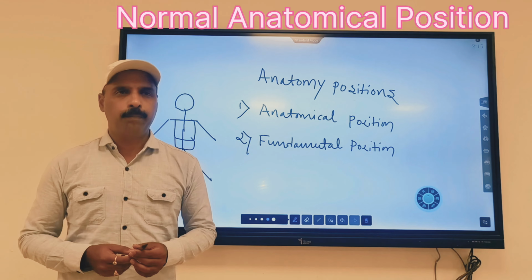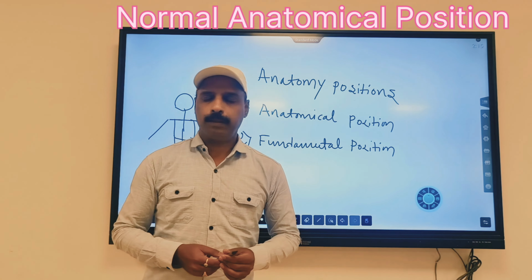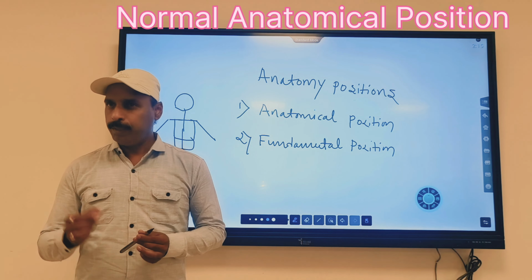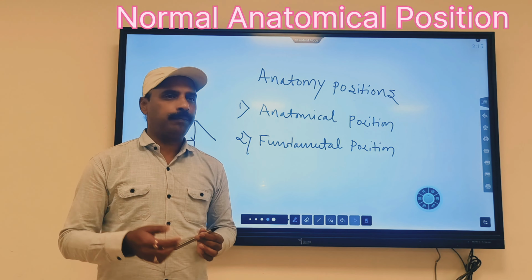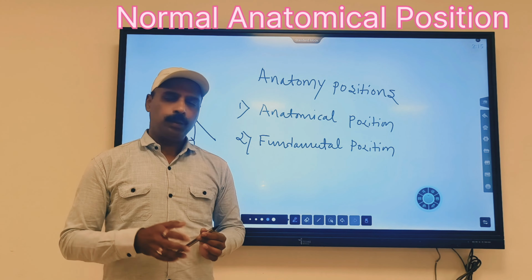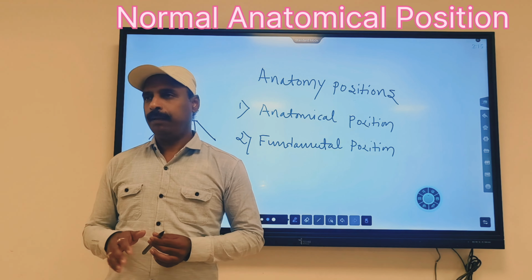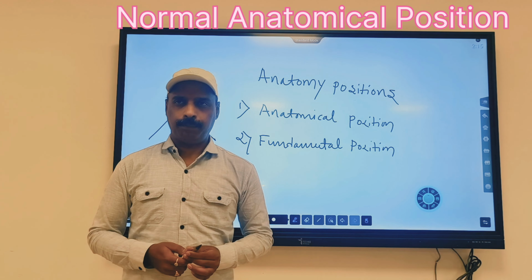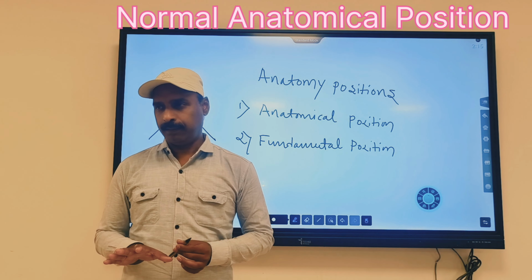There is no odd position. You have to remember they are parallel to each other, with the great toe facing forwards. Such a body or such a position we call the normal anatomical position, or the anatomical position.